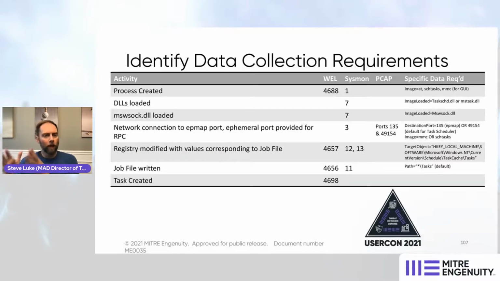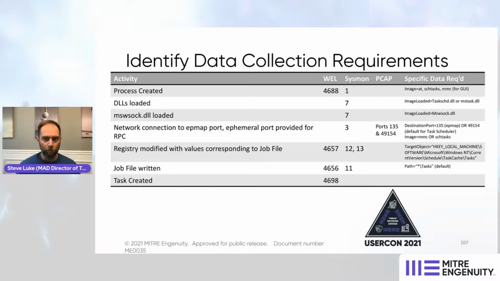We're going to walk you through how you can take that deep understanding of how these techniques work and map them onto data collection requirements. This is step 3 of the process. And we'll walk you through some common examples like Windows event logs and Sysmon and the event codes that are associated with these underlying activities.